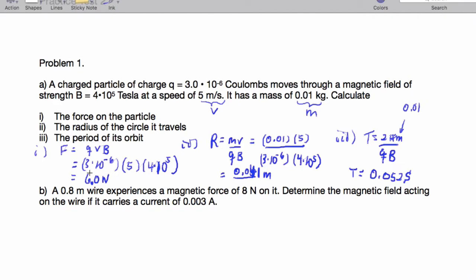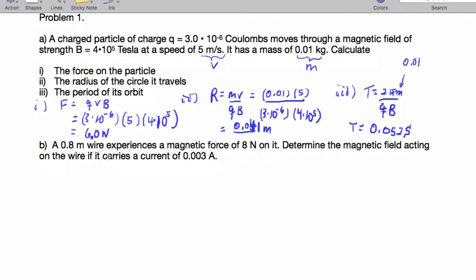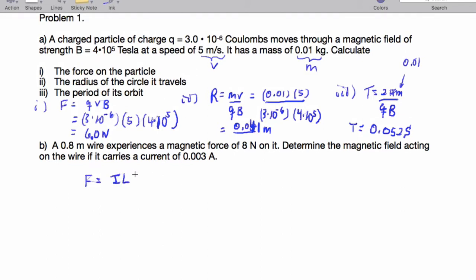Now, we have a 0.08 meter wire. It experiences a magnetic force of 8 newtons, and we want the magnetic field acting on that wire. So we have F is ILB, and that's going to be 8 newton force. It's got a current of 0.003 amps.